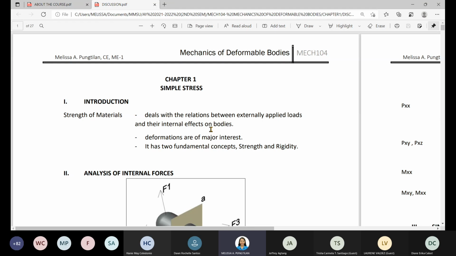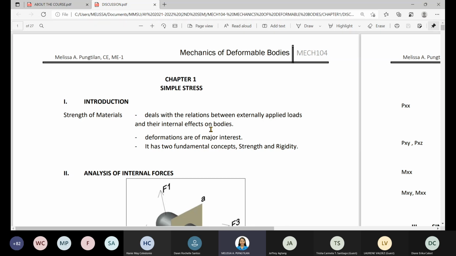So, yung statics nyo is nakuha nyo na last SEM. And then, yung dynamics nyo, magkasabay sila nitong mechanics of deformable bodies.